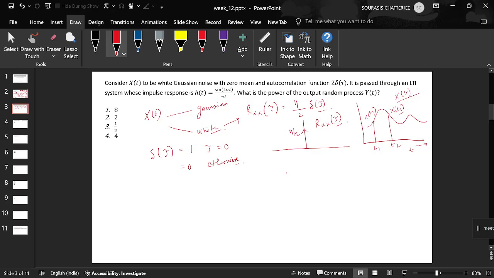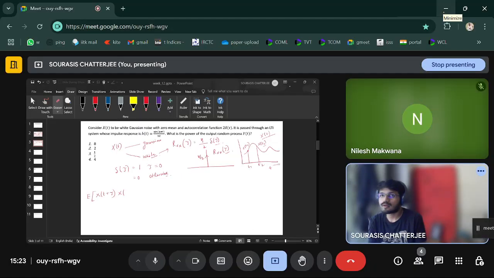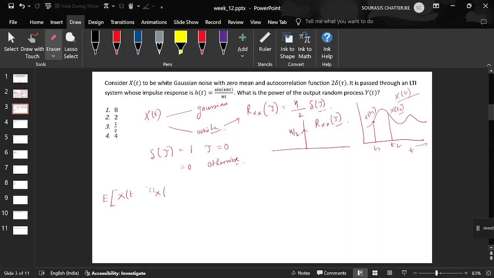So what does it exactly mean? If I go back to the expression of autocorrelation function for a wide sense stationary process, it's a correlation of this random process at this time instant t with t plus tau, that is the expectation of X t times X t plus tau. So that is what the autocorrelation function expression says.